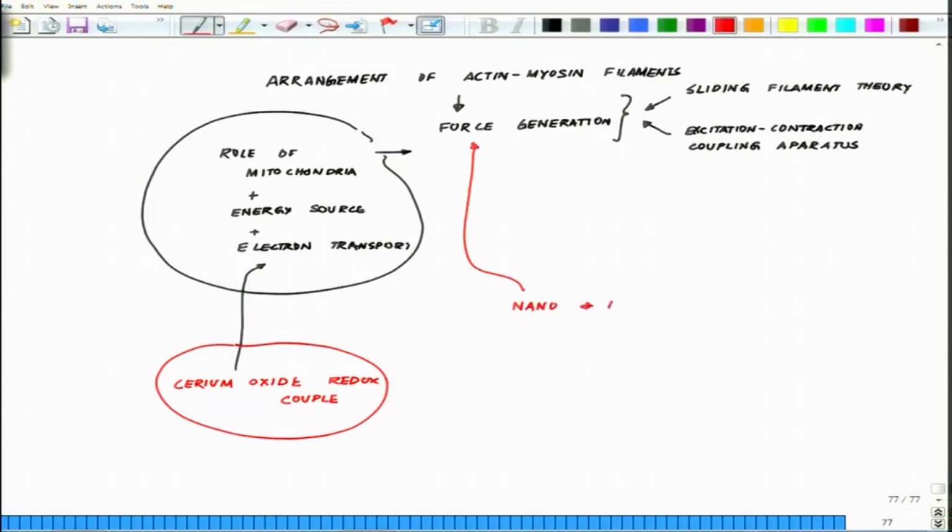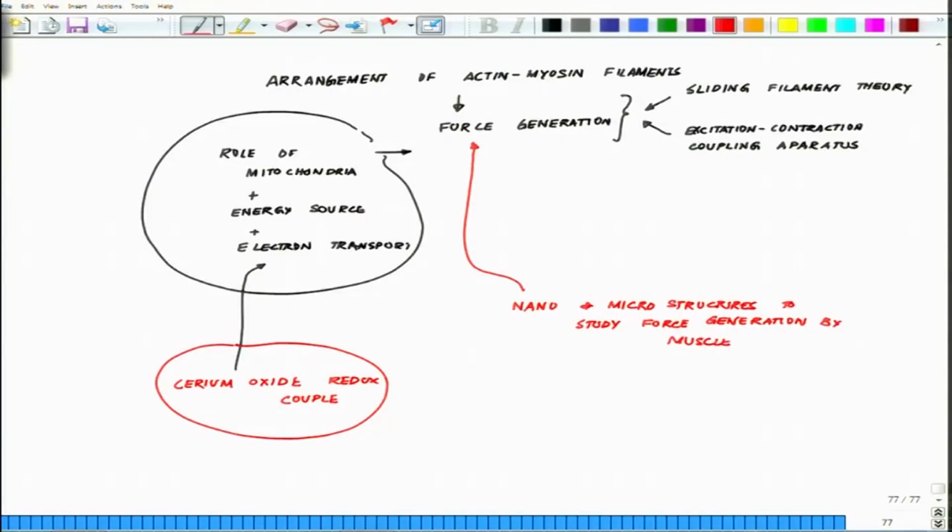And next, what we will do is nano and microstructures to study force generation by muscle.